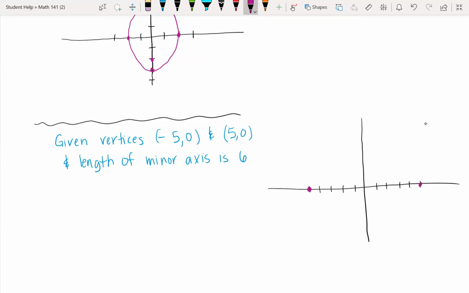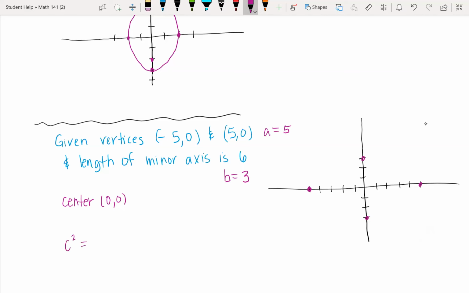So just looking at that, I can see the center of this is going to be at 0, 0, right? And then the minor axis has a length of 6, so that means that B is going to be equal to 3. We know that A is going to be equal to 5.